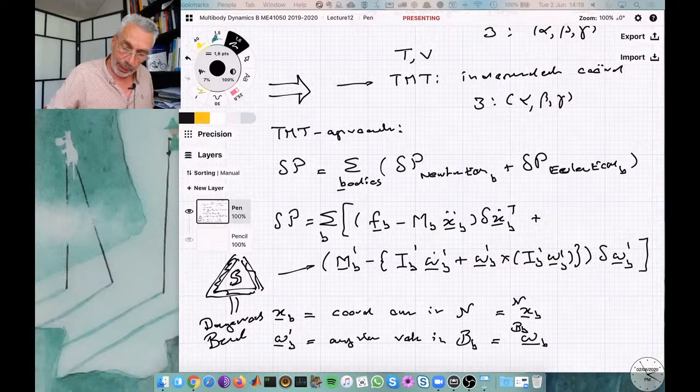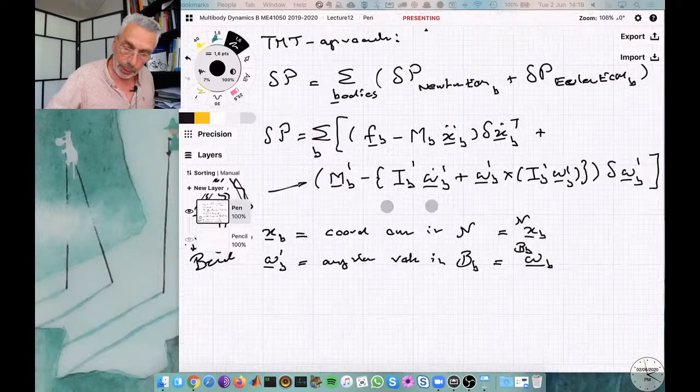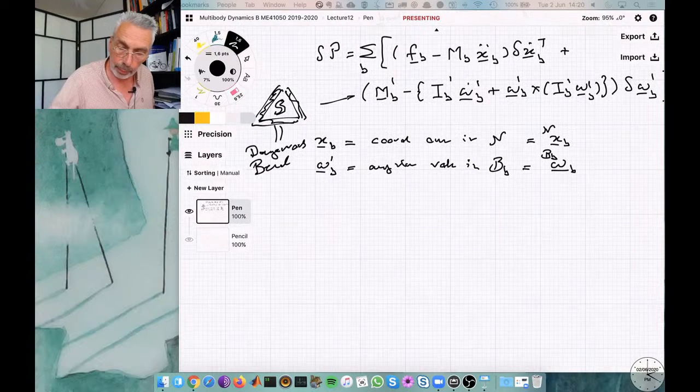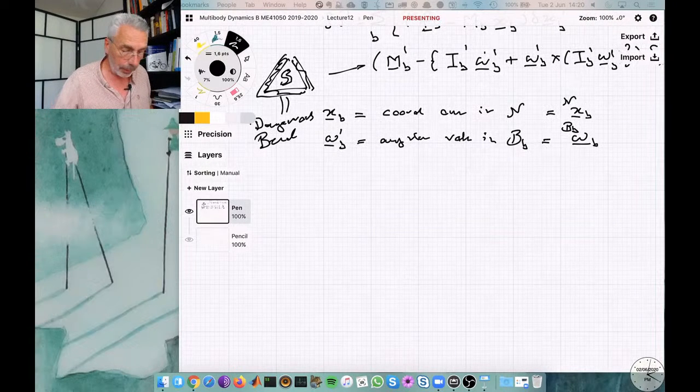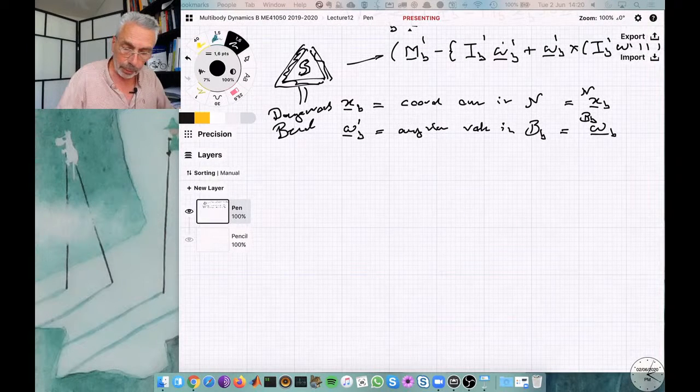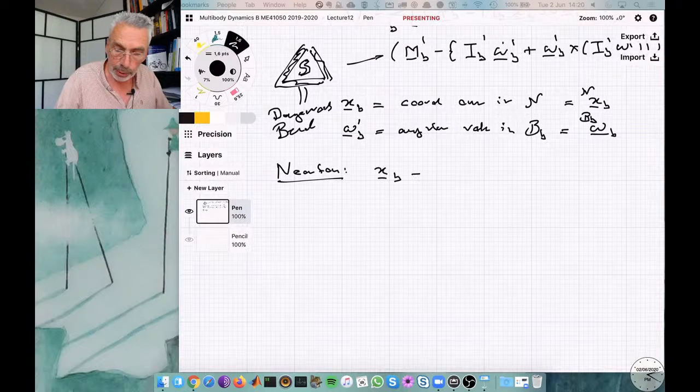Okay, let's do that step first: the expression into the generalized coordinates. So let's start with the Newton equation. What do we need? Well, we need to express the coordinates of our bodies in terms of our degrees of freedom, right?